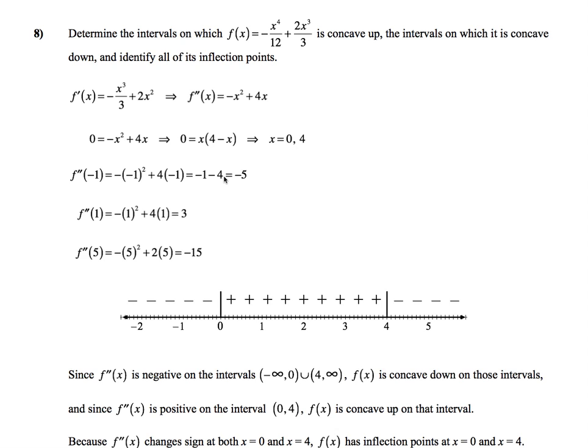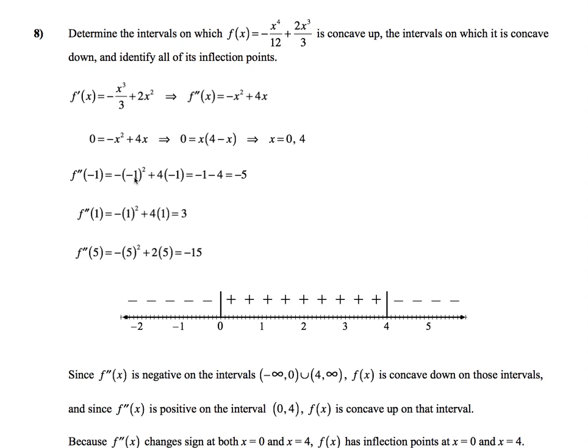And now I choose, and I've indicated those on this number line here, I choose negative 1 in this interval to test, and I substitute that into the second derivative because we are dealing with concavity. So we have an x here, we put a set of parentheses and put the negative 1 in. We have an x here, put a set of parentheses, put the negative 1 in.